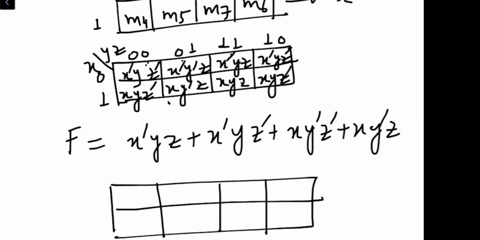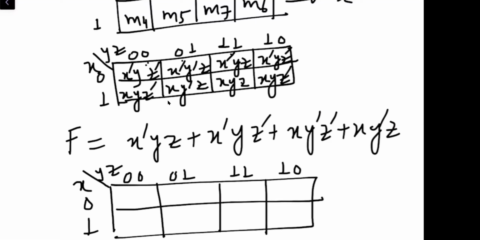Because we have 3 variables, this means we are going to have 8 boxes made for this function. And x is equal to 0 and x is equal to 1, y is equal to 0, 0, then 0, 1, then 1, 1, and then 1, 0, right? So the first one is x complement, y and z.